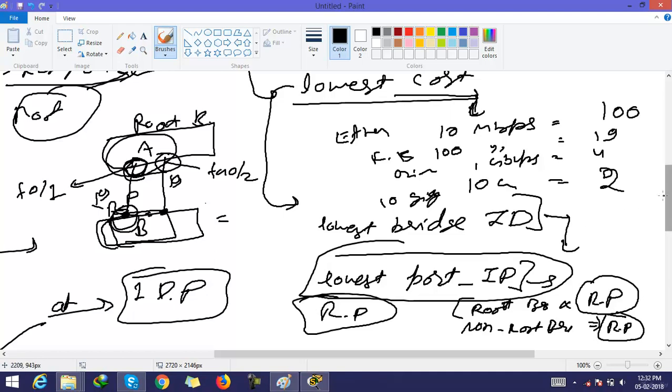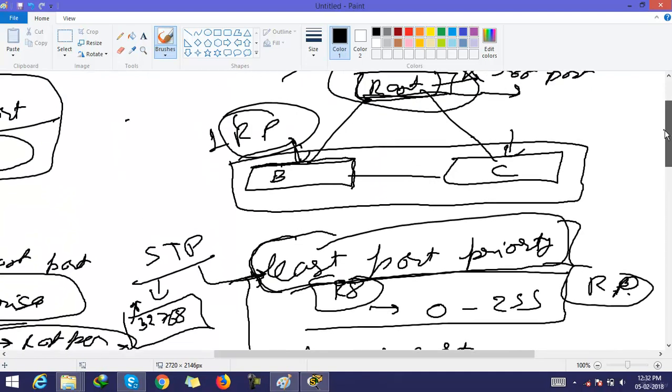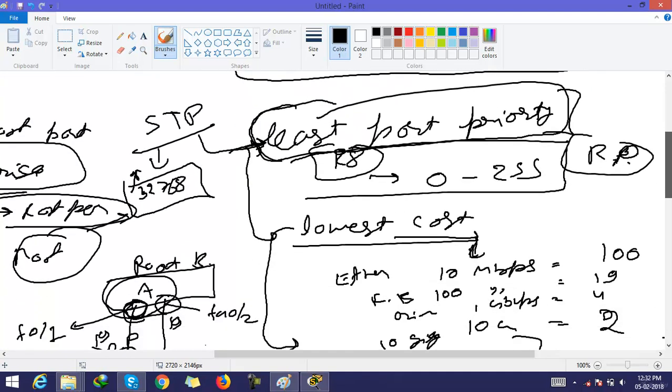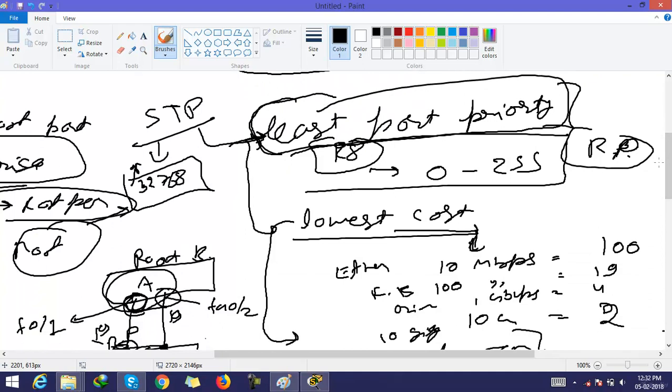For electing the root port, we have the criteria that we already discussed. The root port is always in forwarding state, and it always forwards packets towards the non-root bridges.